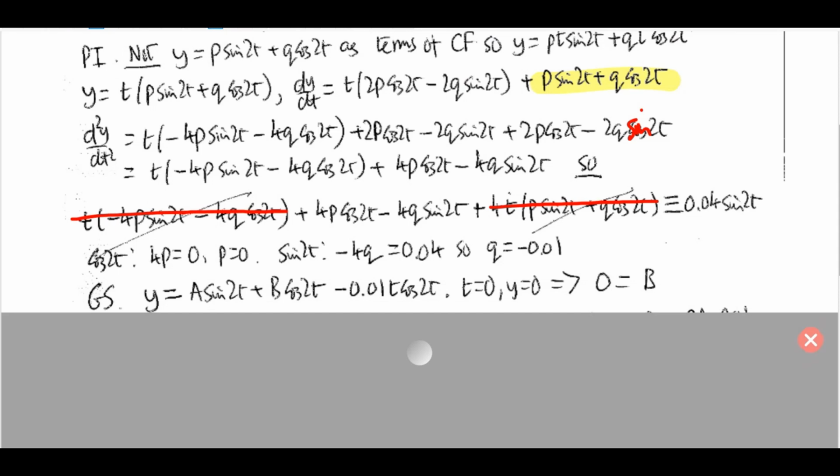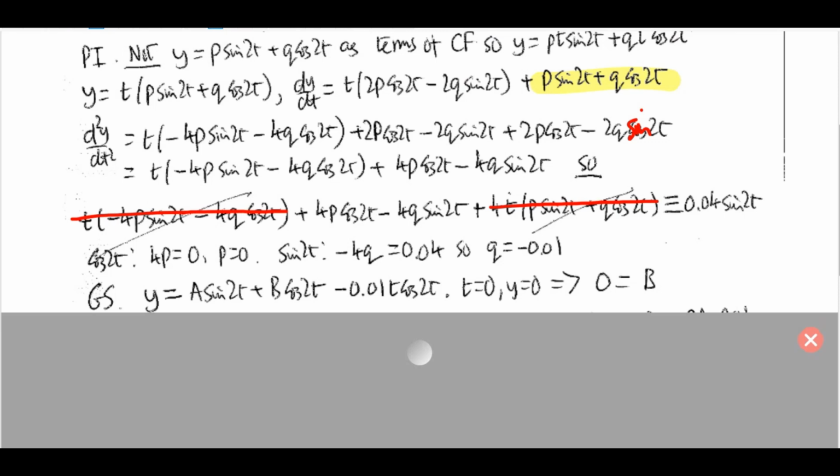y is the complementary function, a sine 2t plus b cos 2t, plus the particular integral, which is minus 0.01 t times cos 2t, because the sine 2t term is 0.